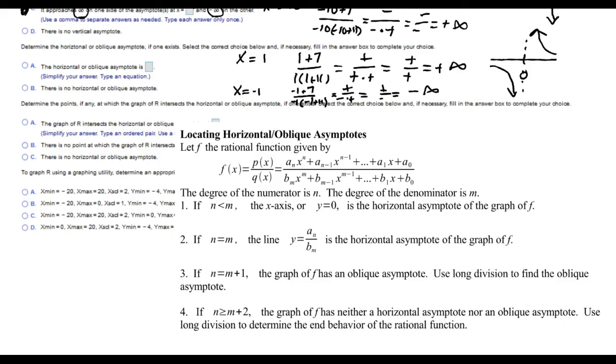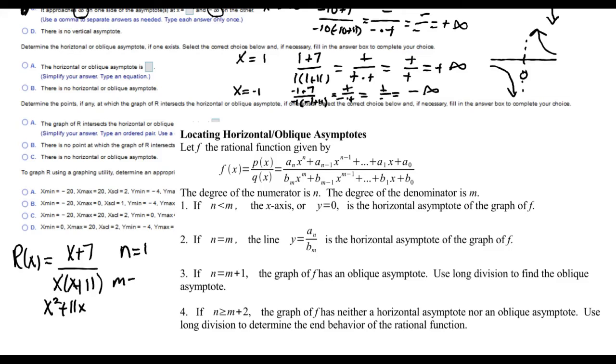So if we look at our example, r of x is equal to x plus 7 over x times x plus 11. Our numerator has a degree of 1. And if we were to multiply out, our denominator would be x squared plus 11x.